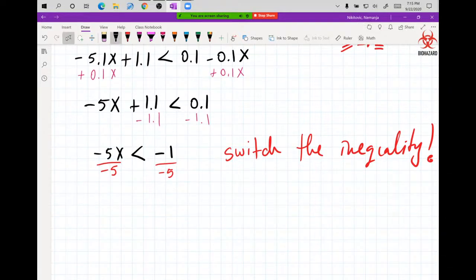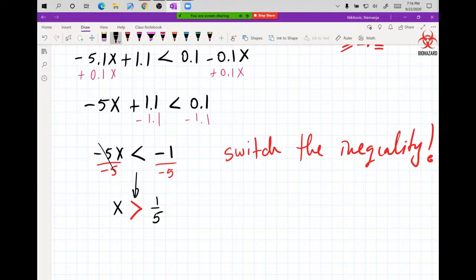So x will stay alone, but now this switches into greater than, and then negative divided by negative is 1/5 positive. So switch the inequality because you divided by a negative. I call this rule a grade slayer because you tend to forget this and then it shows up on the test or the final, and it's a massacre.